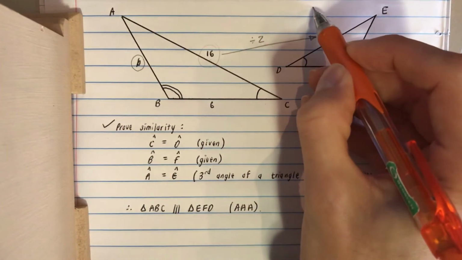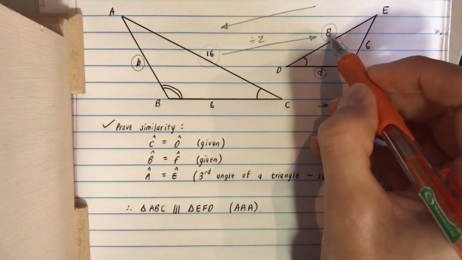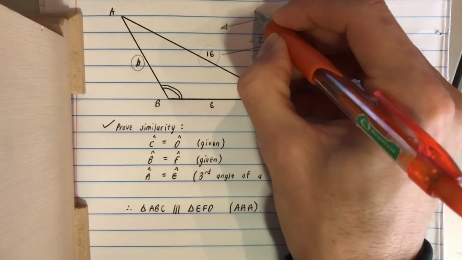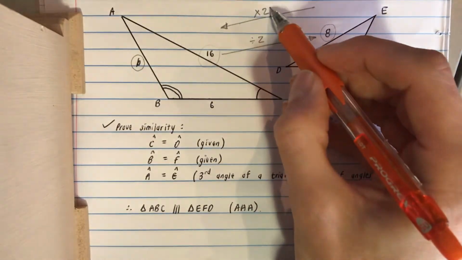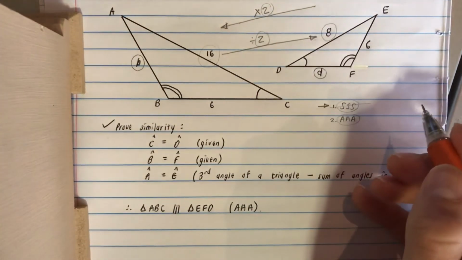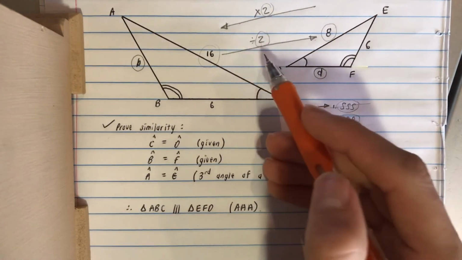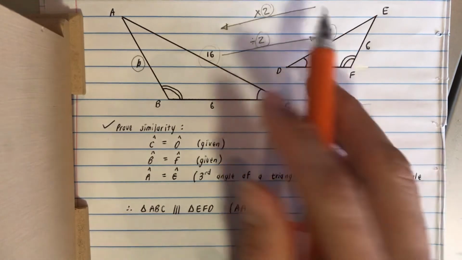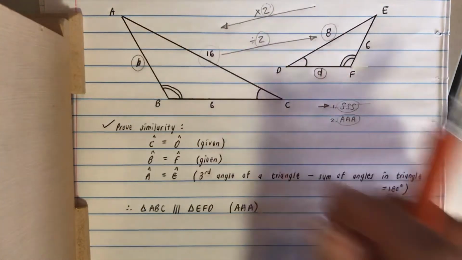If we move from the smaller triangle to the bigger triangle, what are we doing? To get from 8 to 16, we are multiplying with 2. Can you see that? So 2 is like your scale factor. You're either going to divide or multiply with 2, depending on if you're going from your bigger to your smaller triangle or from your smaller to your bigger triangle.